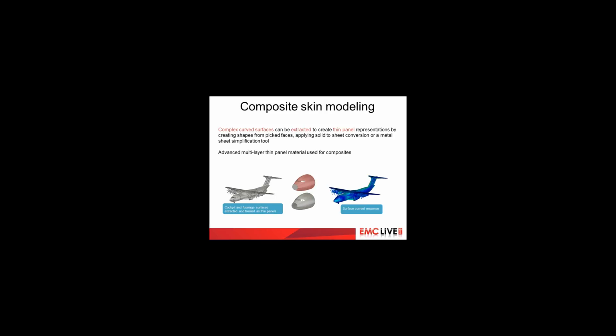CST offers a more efficient approach whereby the thick panels are converted to zero thickness skins or surfaces and the physics captured using a special thin panel material model. Various options are available in the modeler to easily convert solid objects to sheets. For example, faces of solids may be selected and extracted as zero thickness sheets. This slide shows this process applied to the cockpit section.